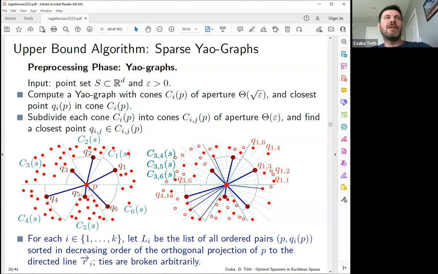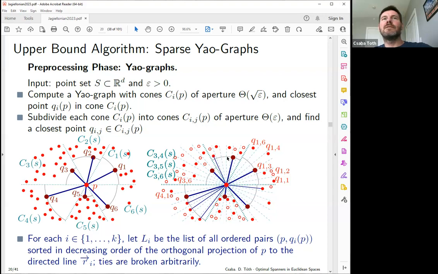So in the first phase, when we look at the larger angles, we actually connect the point to the closest point in every cone. So this is the same as in the Yao graph, but with larger angle, so square root epsilon instead of epsilon.